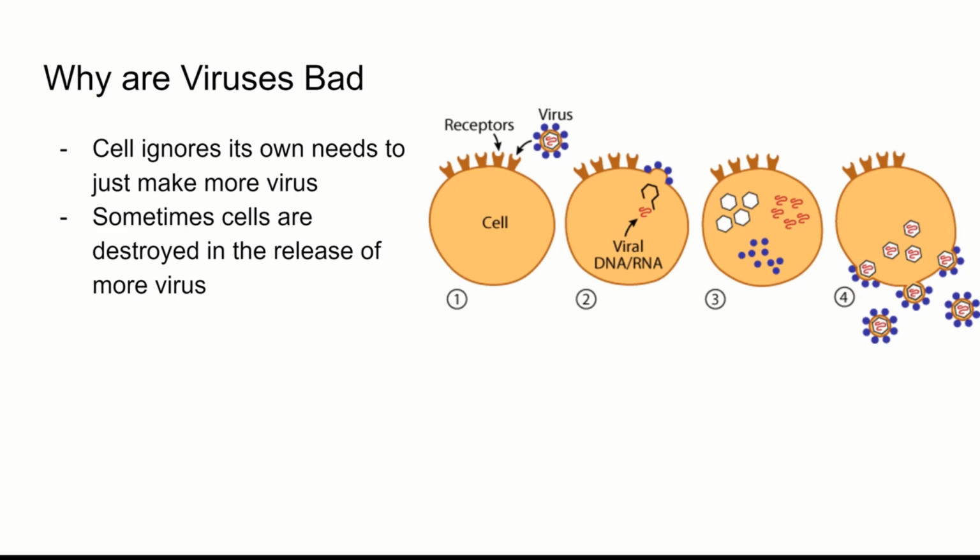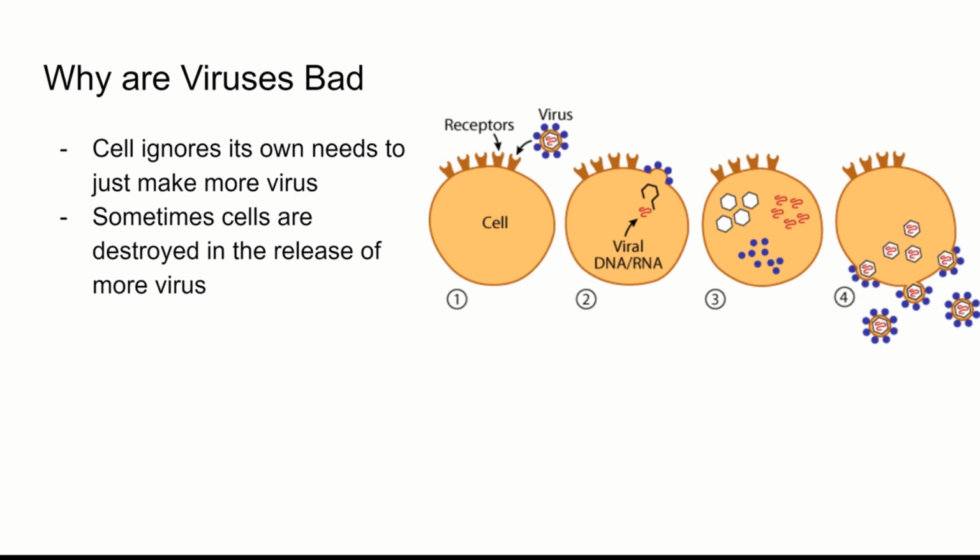So this can be obviously detrimental to the cell because it's disregarding its own survival in order to make more virus. And in some cases, viruses actually destroy the cell when they get released.